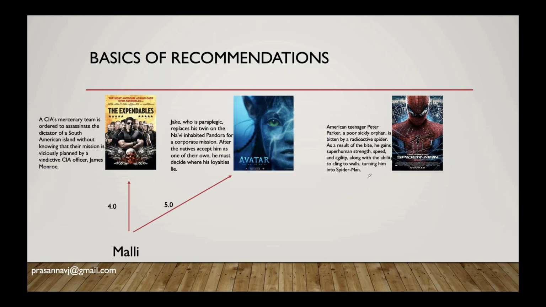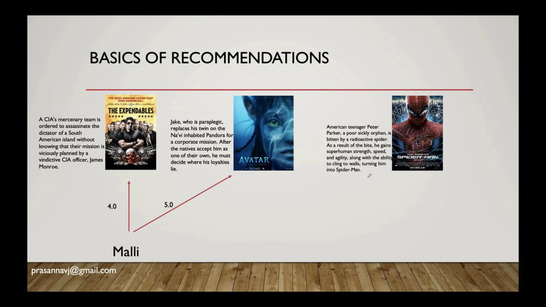Let's say Mali is one person, and he has watched two movies out of the three, and he rated the movie Expendables 4.0 and Avatar 5.0. Apart from this, these movies already consist of information about what the movie is all about.